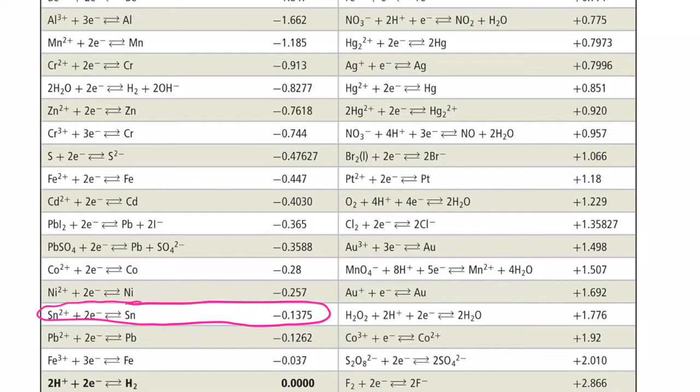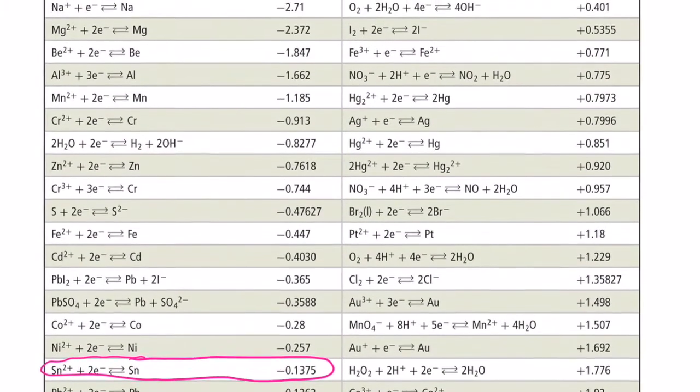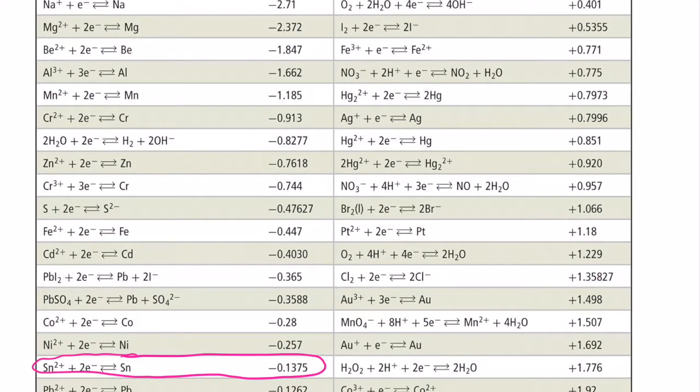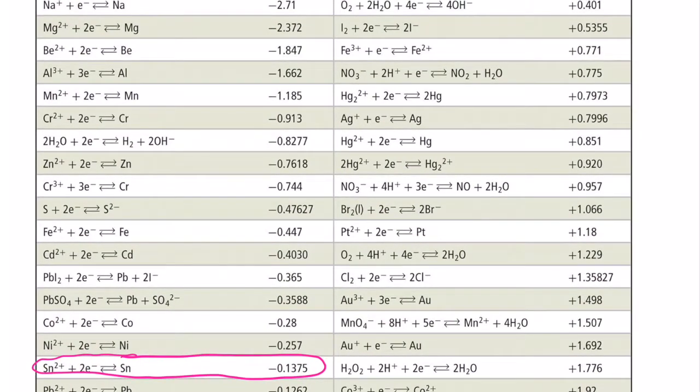That's negative 0.138. And the platinum one, let's see where that might be. Here it is. Here's the platinum 2+ becoming platinum, and that's a positive 1.18. So negative 0.138 for the tin and positive 1.18 for the platinum reaction.